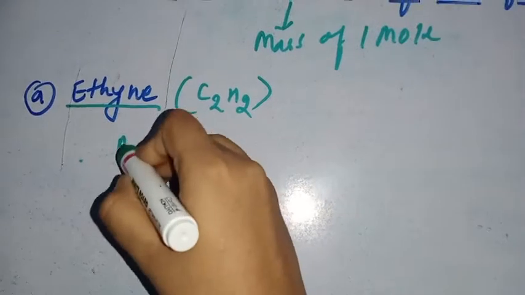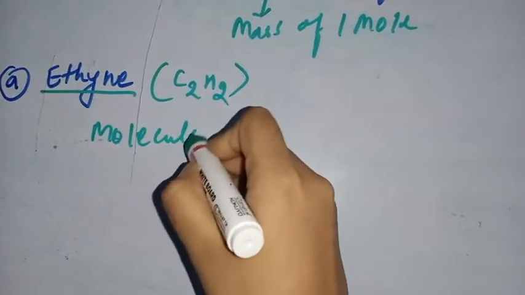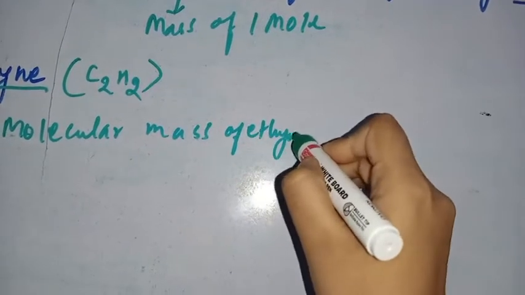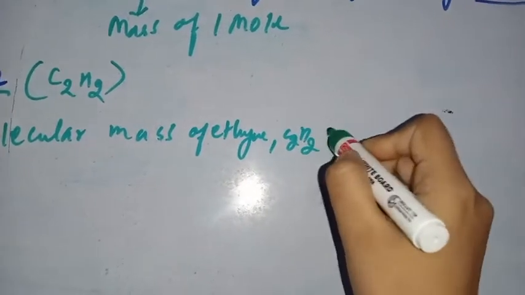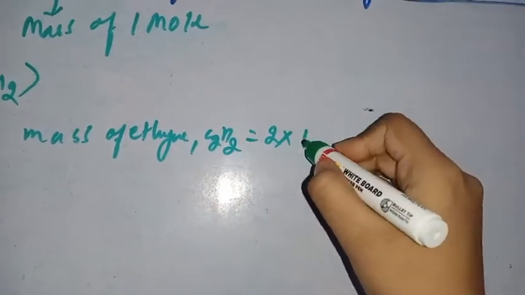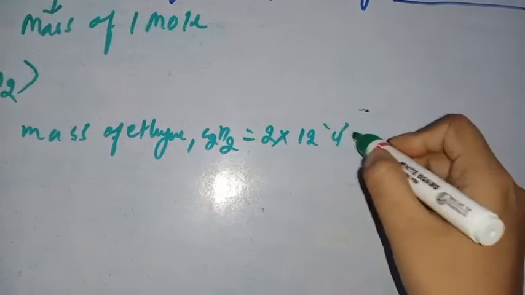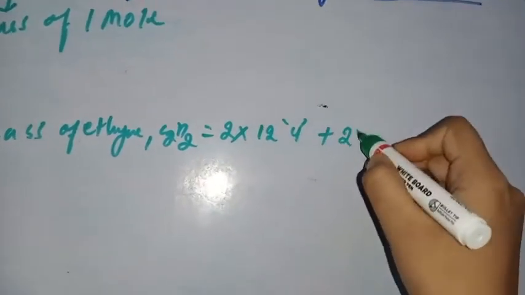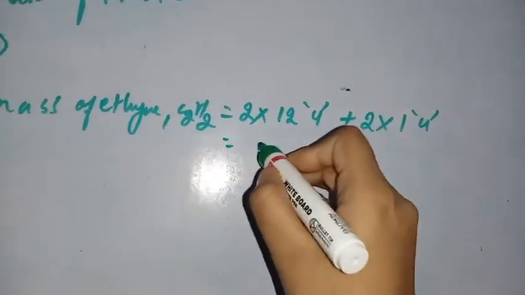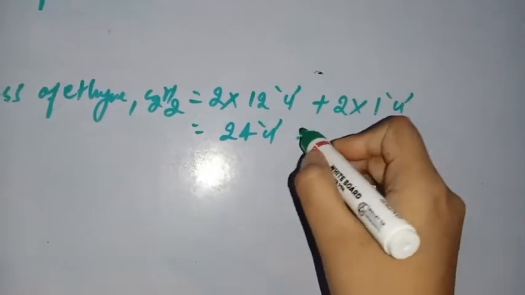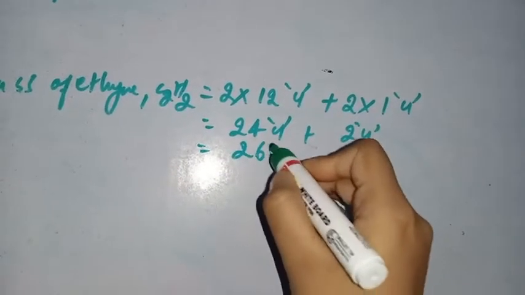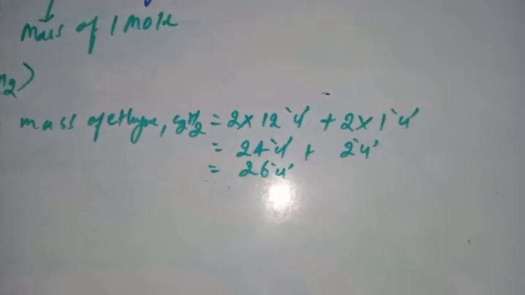So we'll first calculate the molecular mass of ethyne, that is C2H2 is equal to 2 into atomic mass of carbon, that is 12U, plus 2 into atomic mass of hydrogen, that is 1U. We'll get here 24U plus 2U, and total we are getting 26U. So molecular mass of ethyne we got 26U.